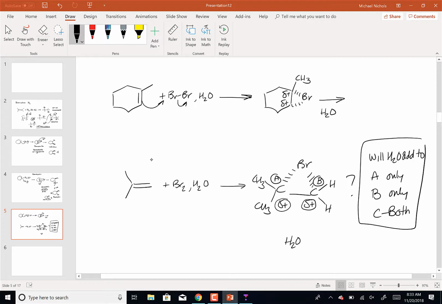Carbon A or carbon B? Because they're not equal. Discuss.